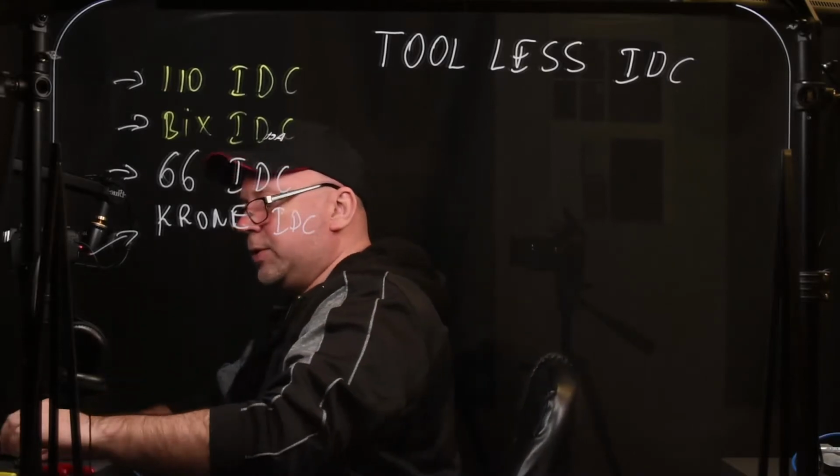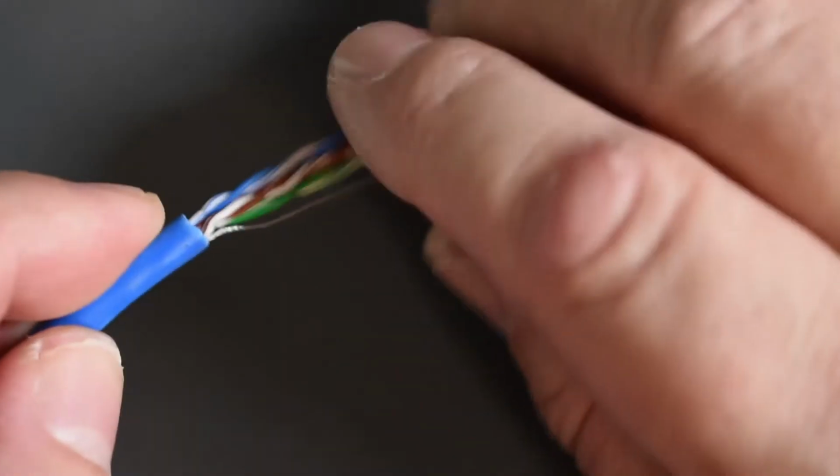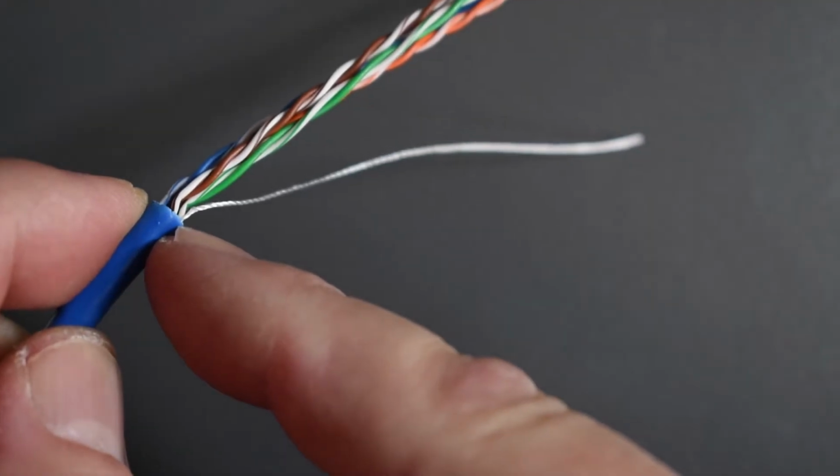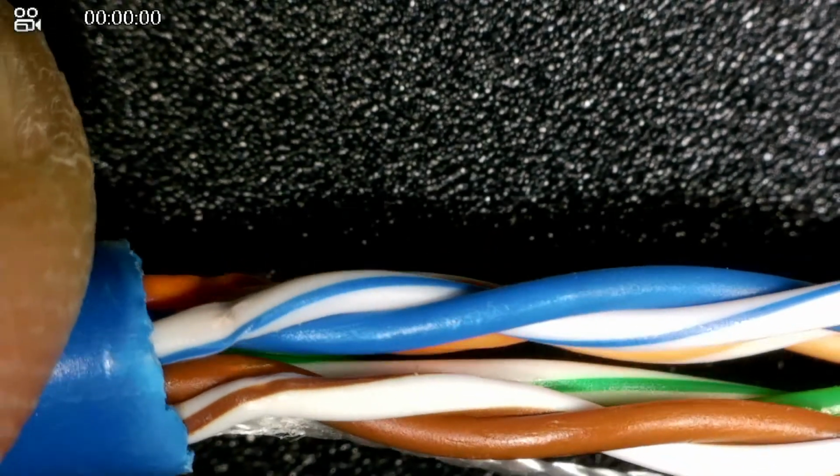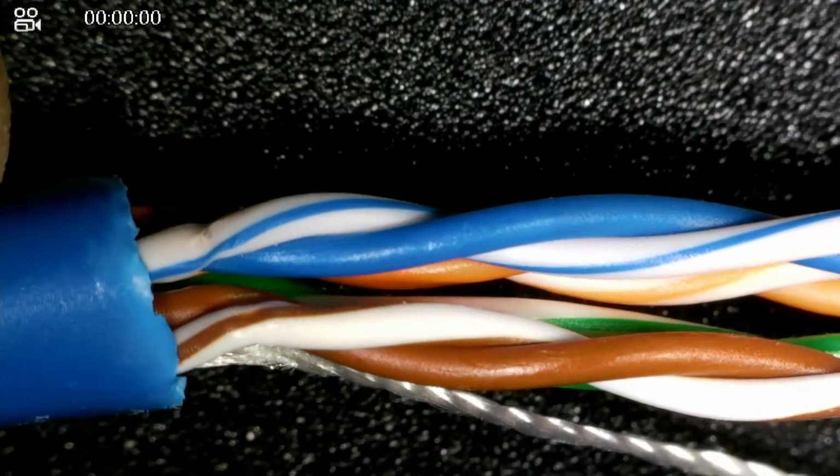Now remember, as we were talking about, this part, because we nicked it with the side cutters, look at that. It's always going to be damaged. See, those wires are damaged here. So don't use it like that.